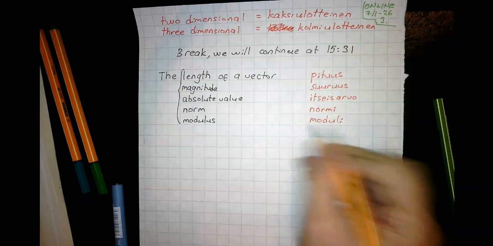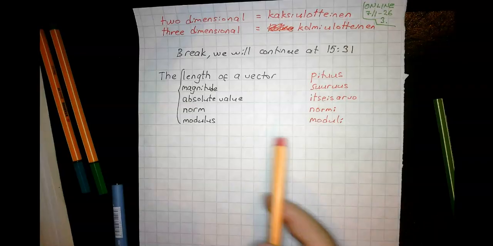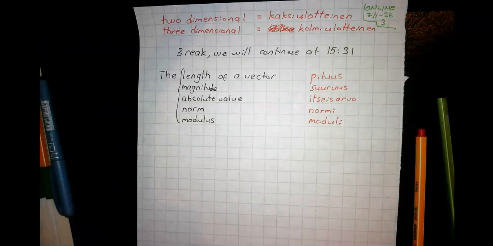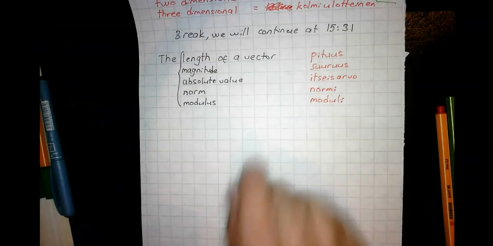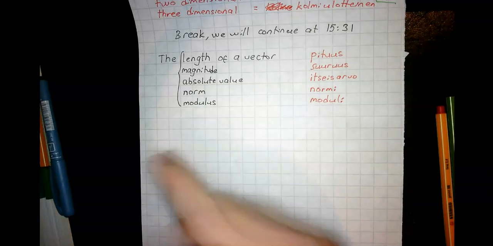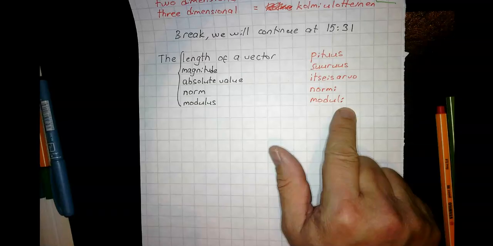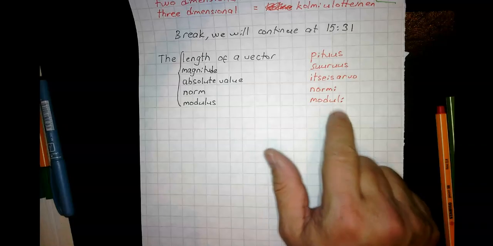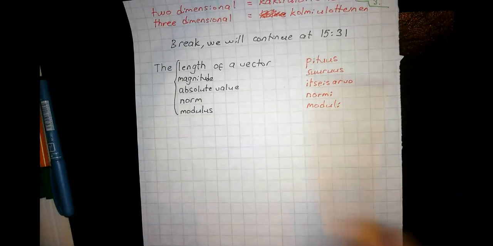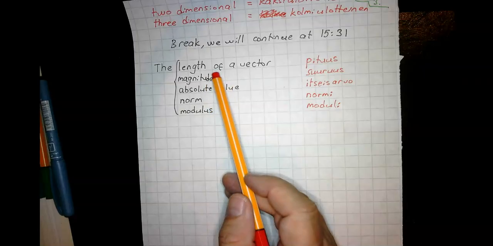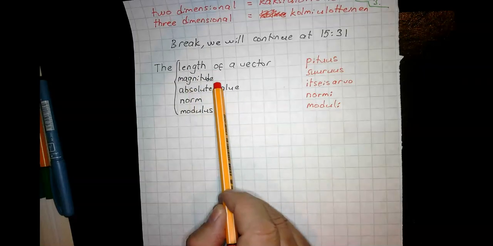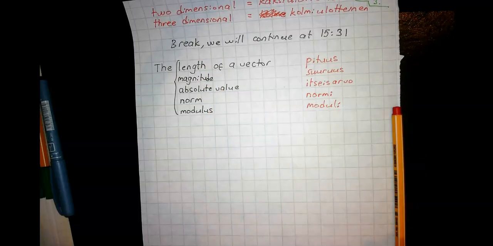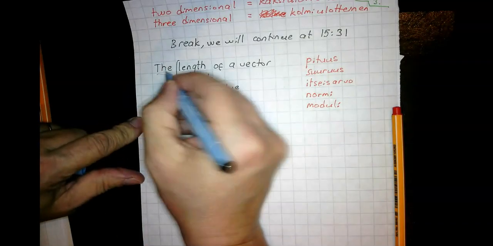Actually, we don't use this word in case of vectors, but in many other cases, this modulus word is translated in Finnish as moduli. Mostly I myself use the length or magnitude. I think these two are the most common words I use.